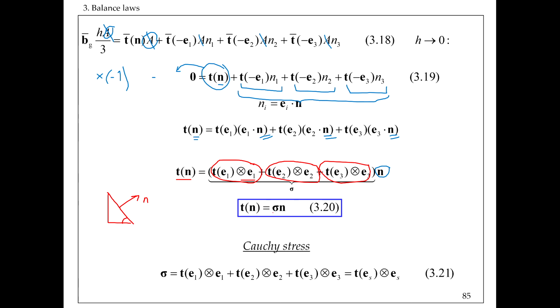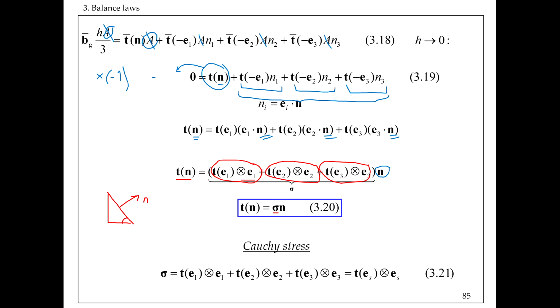However, that sigma, this stress tensor, or what we call Cauchy stress, is independent of our choice of that n, and that basically defines what is called a state of stress at a point. So it's uniquely defined by this measure, by this second order tensor, the Cauchy stress.